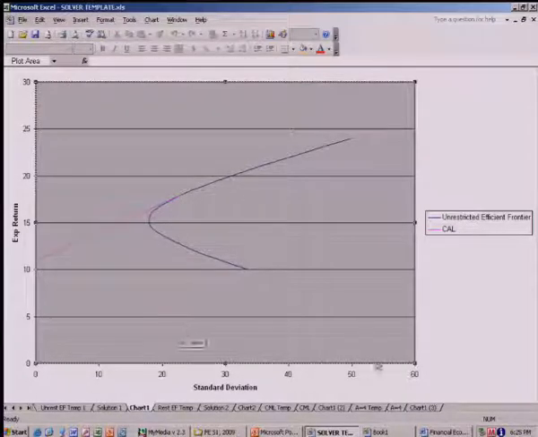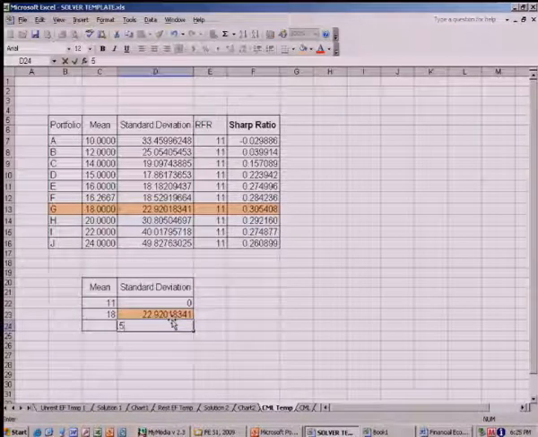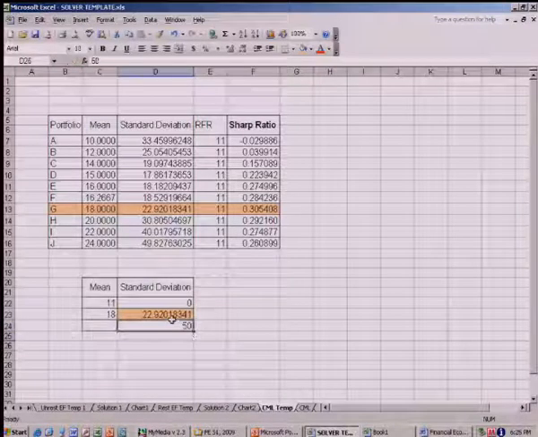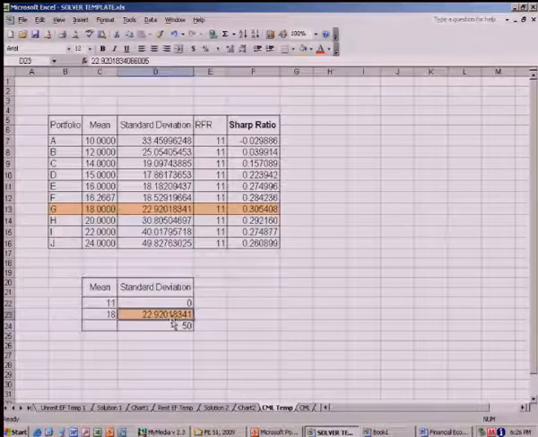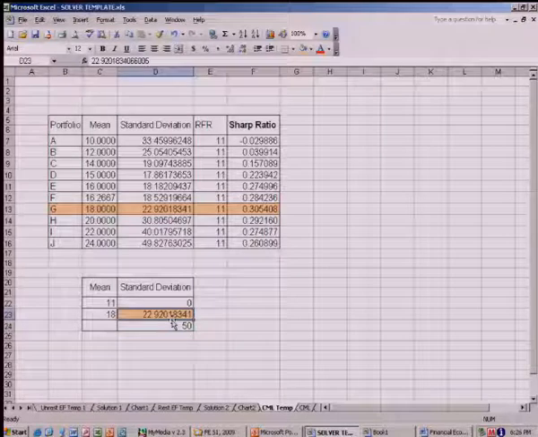And I will pick something, let's say like 50 here, because it should give me the furthest point to the right. So I'll go back to my calculations here, and I'll say randomly selected number. You could have done a 40 or 45 or 50, whatever you want, as long as it's higher than this standard deviation of 22.92, and a little bit more significantly higher, so it gets you that point furthest to the right.